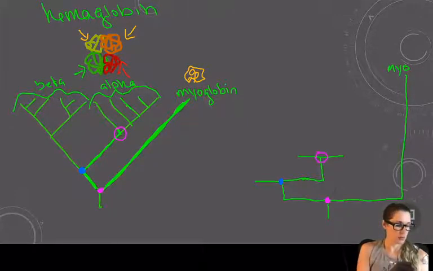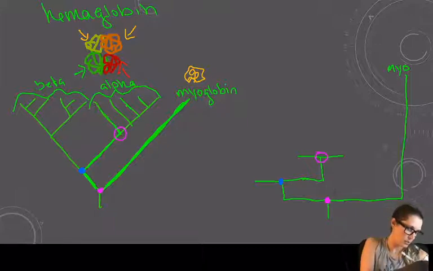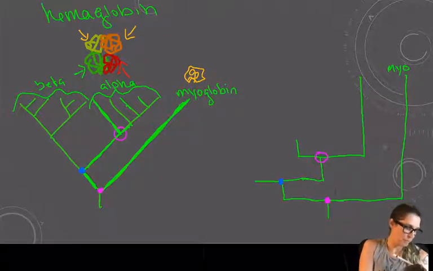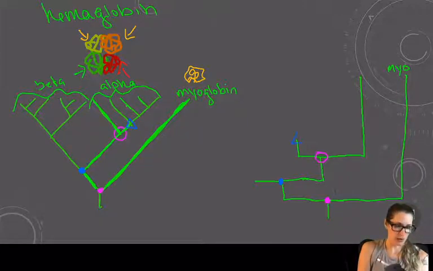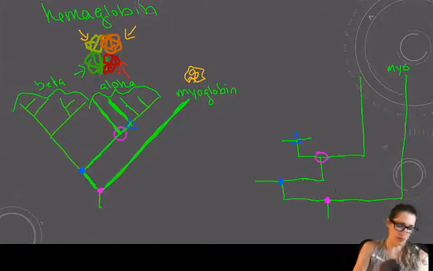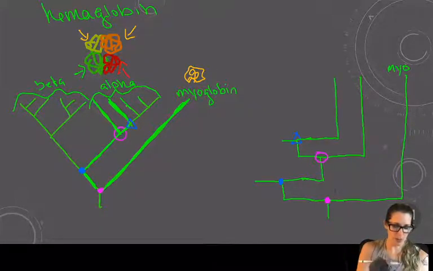Then we're going to follow, okay, one of these branches goes all the way to the top of the tree and one of them comes out and branches again. One of them is going to come up here and branch again. I'm going to use a blue triangle to represent that. Here's our blue triangle where we're branching again. Cool. You'll notice that one of those branches goes all the way to the top of the tree. So once again, all the way to the top of the tree.